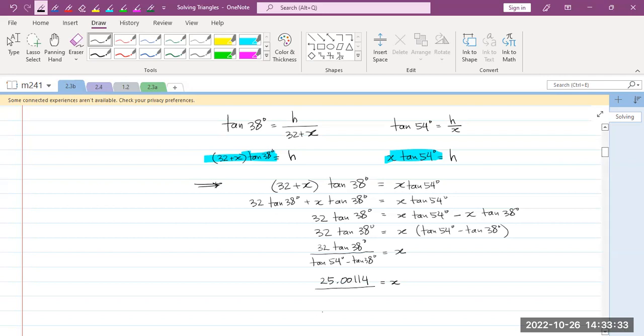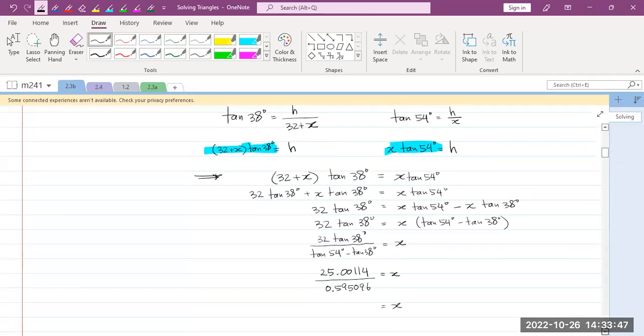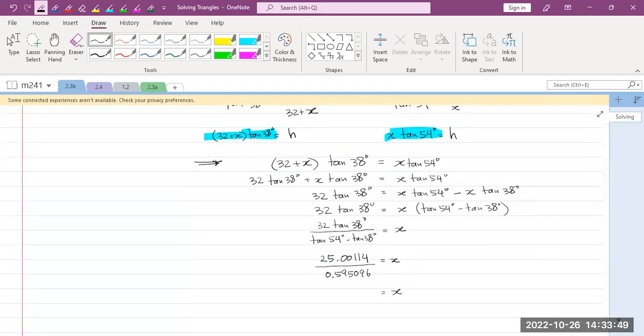I get 0.595096. This is 6 decimal places, but we try our best not to do too much rounding before the final answer. If you can write more than 5 decimal places before your final answer, please do.